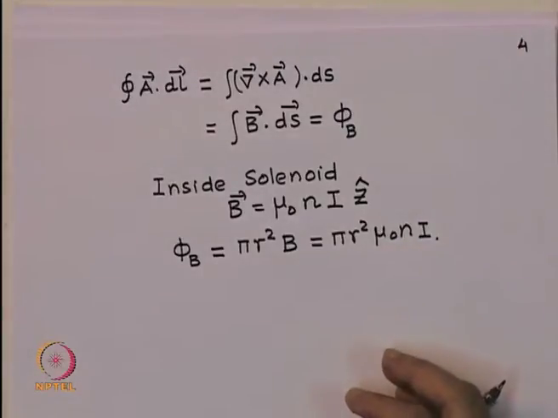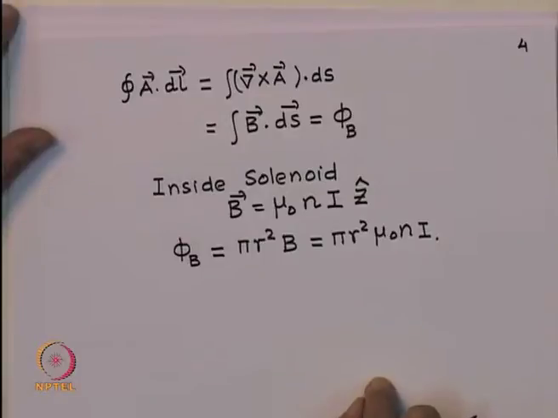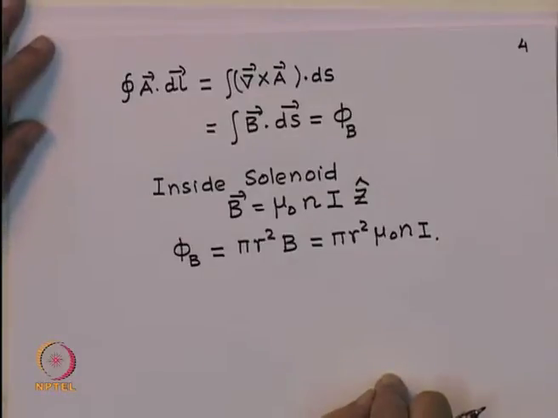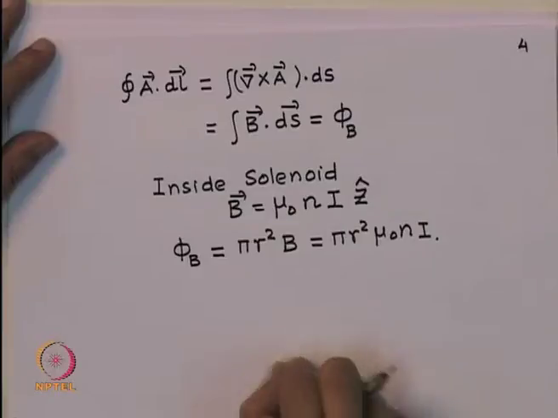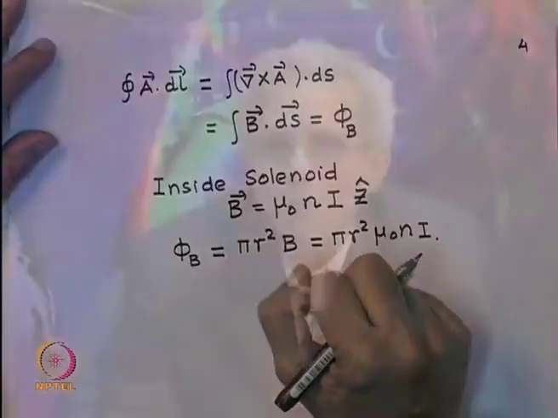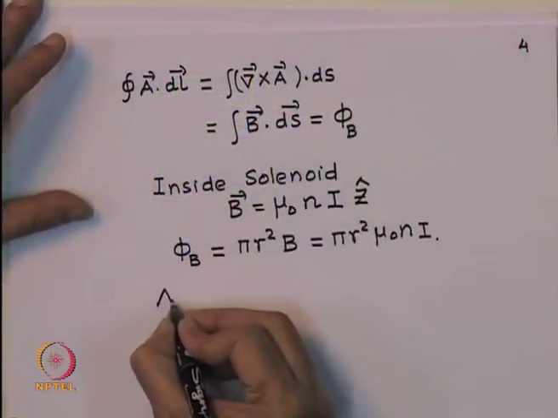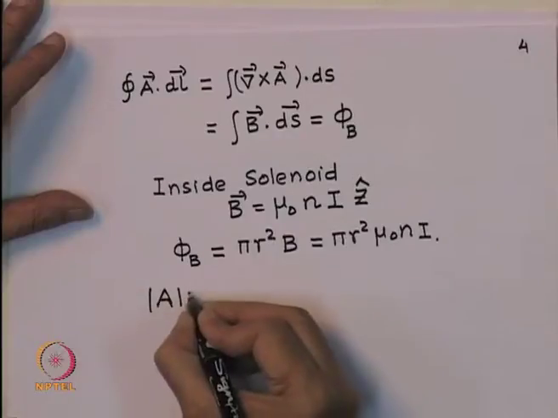But since the loop is circular, and symmetry tells me there is no reason why the vector potential should vary from point to point on the loop, A dot dl should be A times 2 pi r.